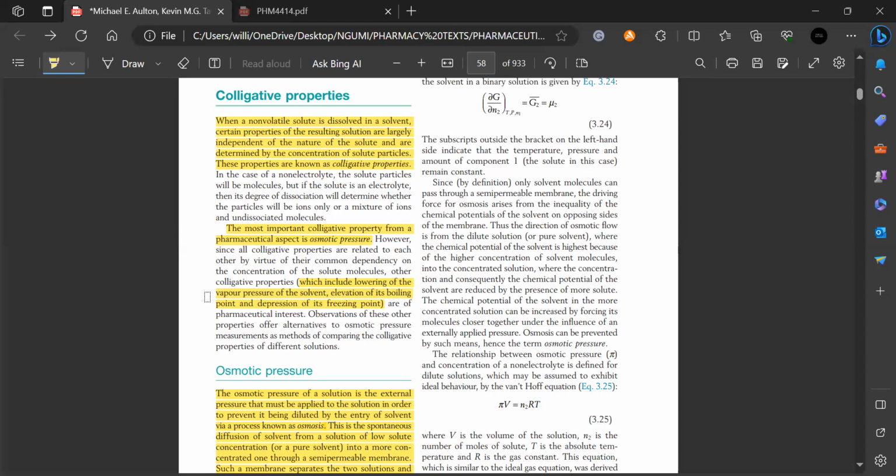Likewise, if it's a non-electrolyte, then we'll just have molecules which are not charged.